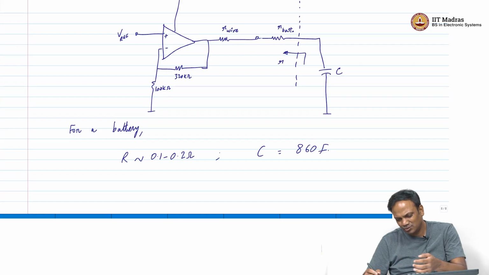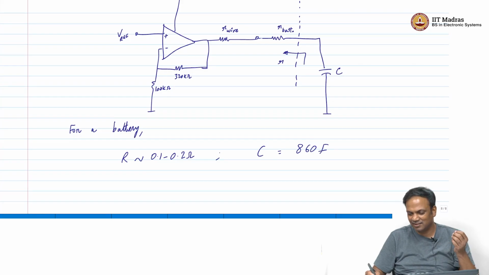So, 0.2 ohms into 860 farad is about 173 seconds, roughly 3 minutes of time constant.